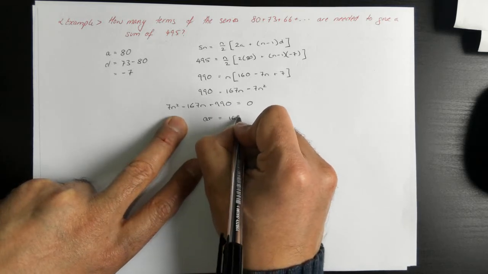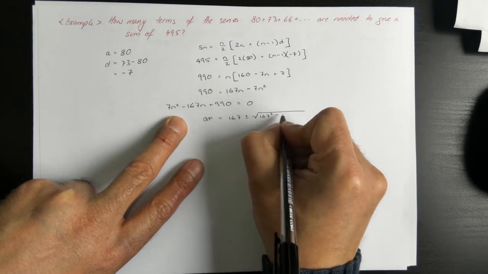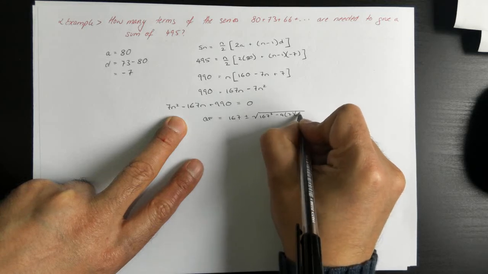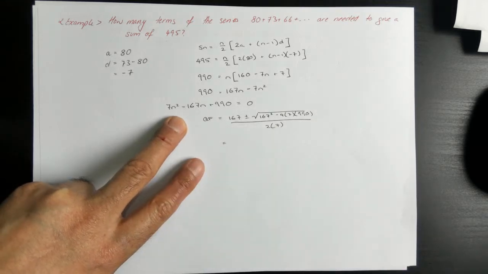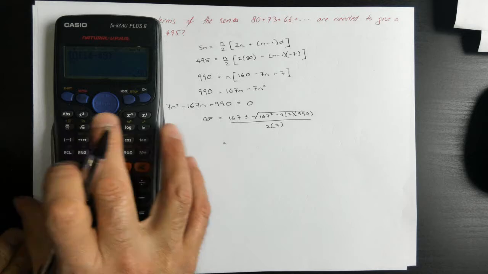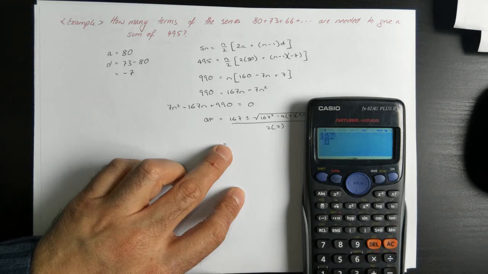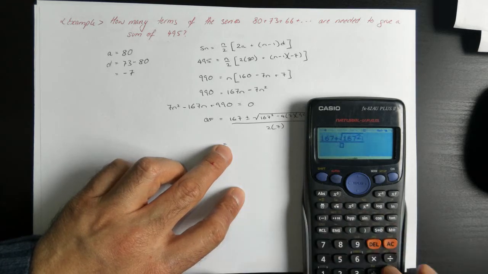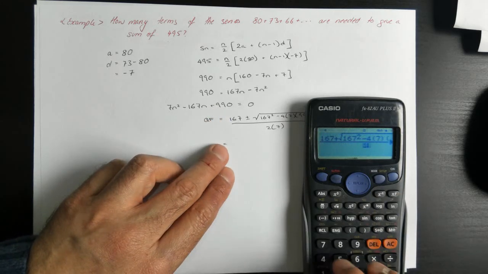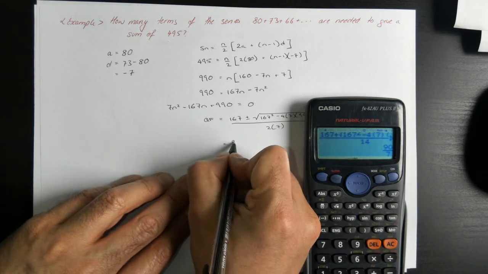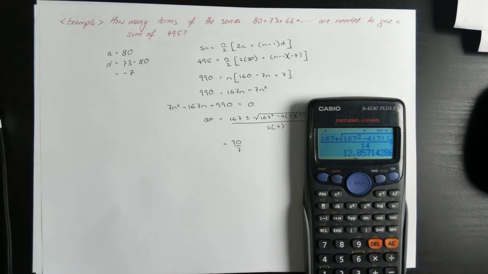So 167 plus or minus the square root of negative 167 squared minus 4 lots of 7 times 990 all over 2 lots of 7. Okay, so if I plug that into my calculator, 167 plus 167 squared minus 4 lots of 7 times 990 over 14, I get 90 over 7, which is 12.85.